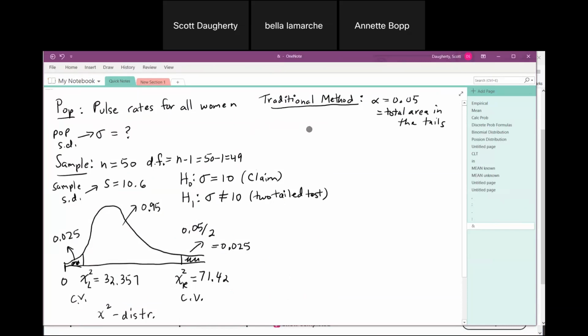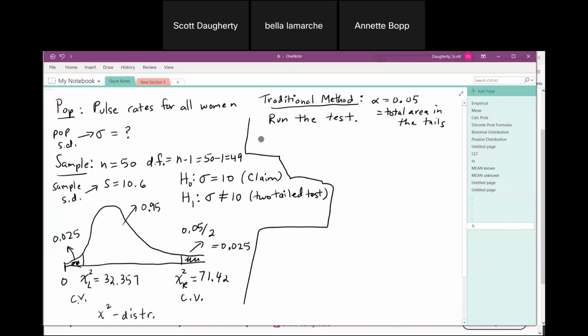Okay, so that's the first thing to do in the traditional method. Okay, and now let's run the test. Run the hypothesis test. Now when you run the hypothesis test, remember, the first thing you do is you make an assumption about the population.